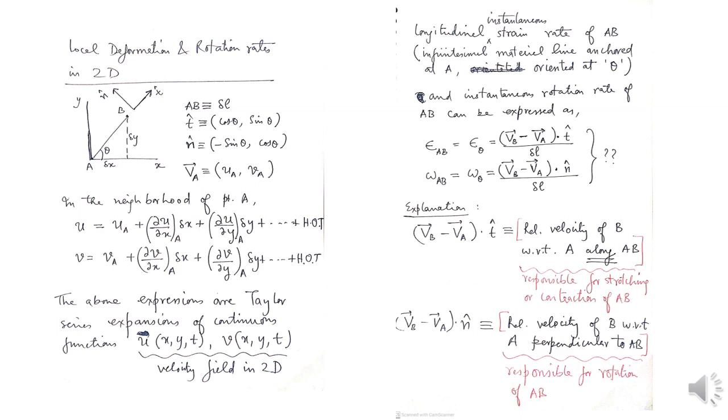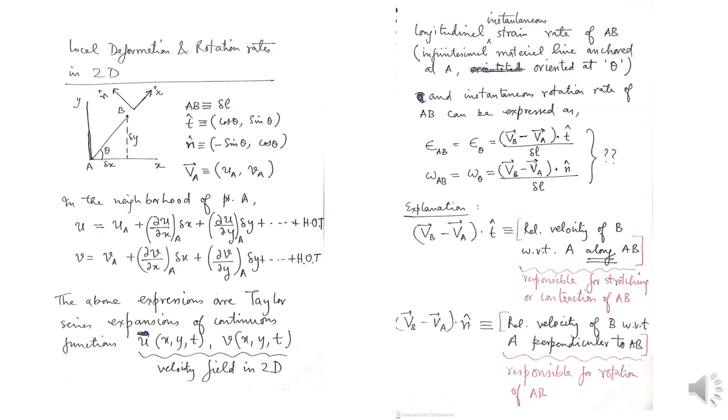Why? Because remember, if you have a continuous function, then knowledge of the function and its derivatives at a particular location will allow you to estimate the value of the same function in the neighborhood. That's what the usage of Taylor series is.